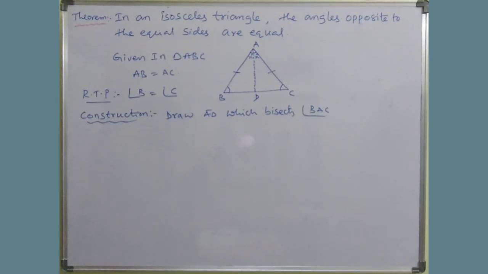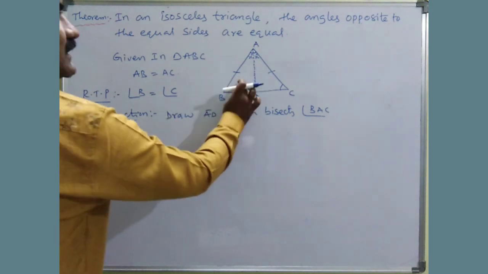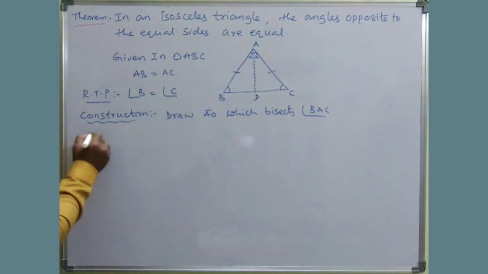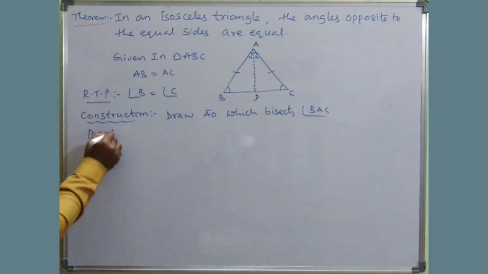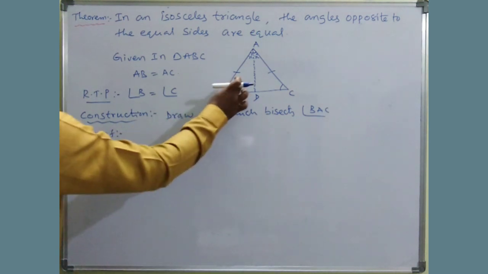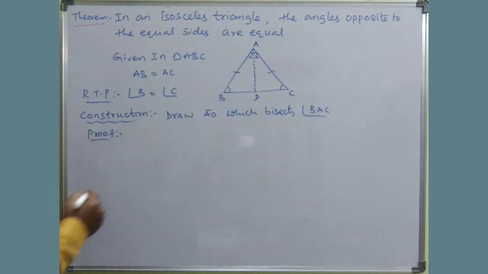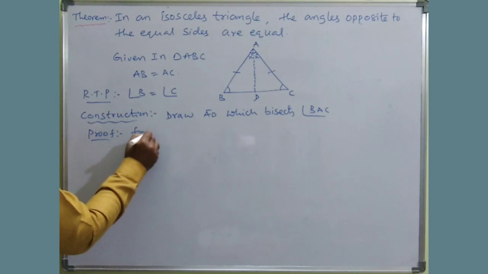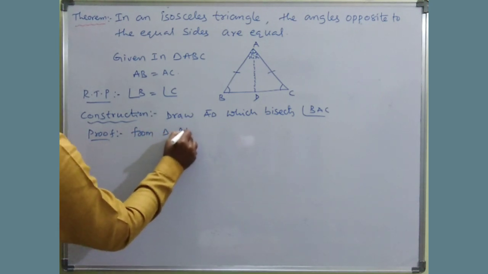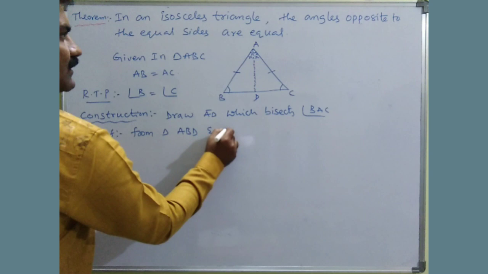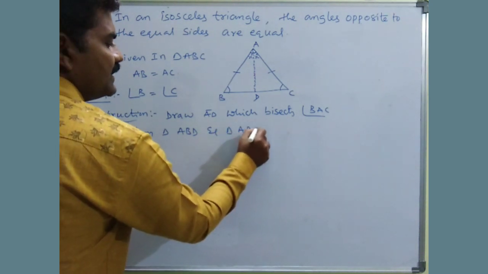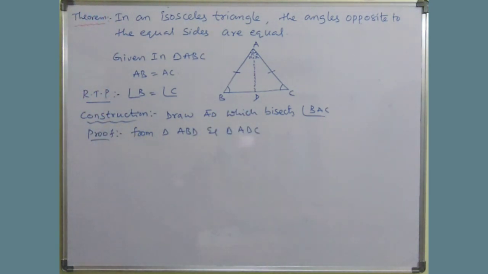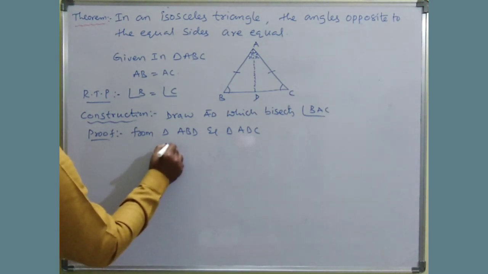Now the entire big triangle is divided into two triangles. So coming to the proof, let us see whether these two are congruent or not. From triangle ABD and triangle ACD, what is given?